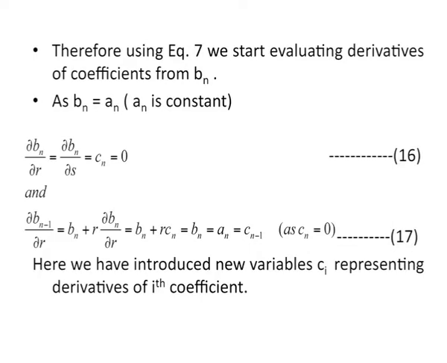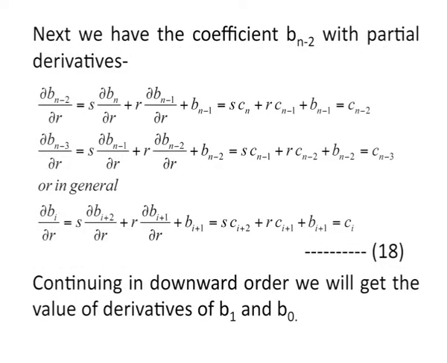We continue with the derivatives, and we find that the derivative of b n minus 2 will depend on r and s, and on c n and c n minus 1 also, and we call it c n minus 2. The derivative of b n minus 3 will depend on r and s, and will also depend on c n minus 1 and c n minus 2, and we term it as c n minus 3.